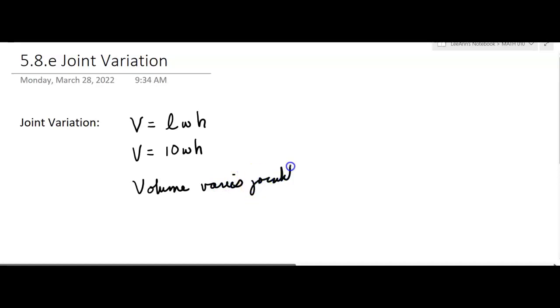That's probably easier. Let's say you have a volume of a box, and you know the volume is length times width times height of a box. And let's say you know the length is going to be 10 feet. And so now you could say, well, the volume varies jointly as width and height.